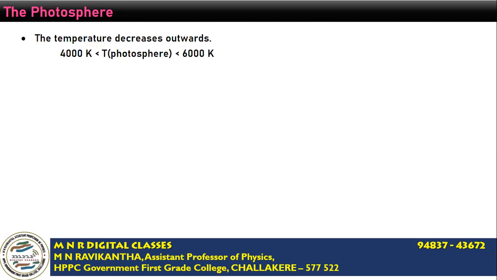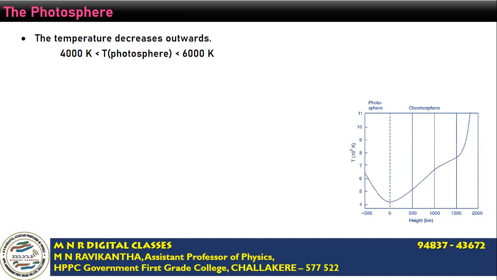As we just now discussed, because of the limb darkening effect, as we move from the base of the photosphere towards the chromosphere, the temperature decreases from around 6000 Kelvin to 4200 Kelvin. So we can say that the temperature range of the photosphere varies from 4000 Kelvin to 6000 Kelvin approximately.